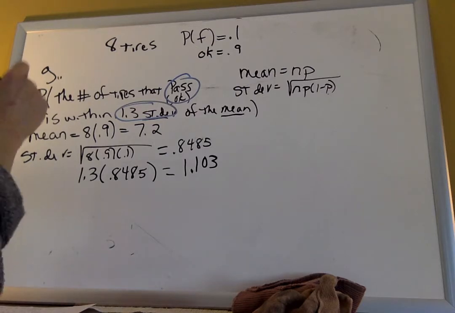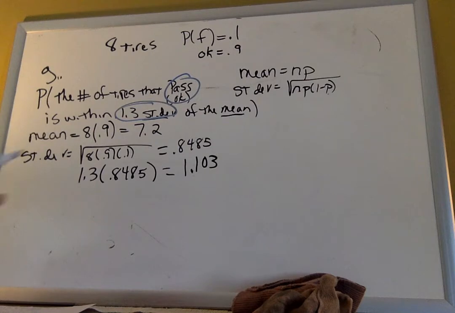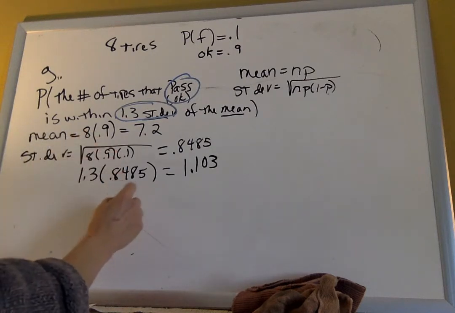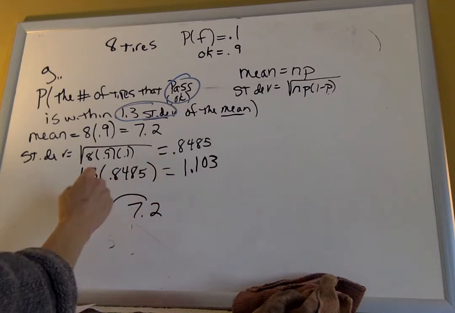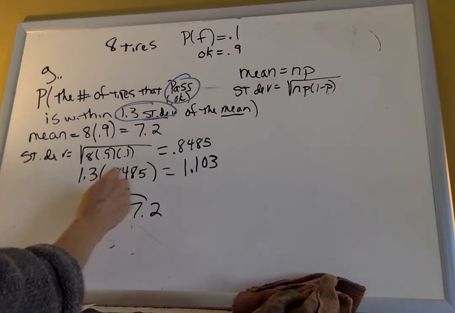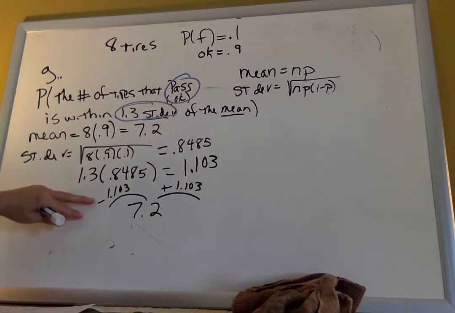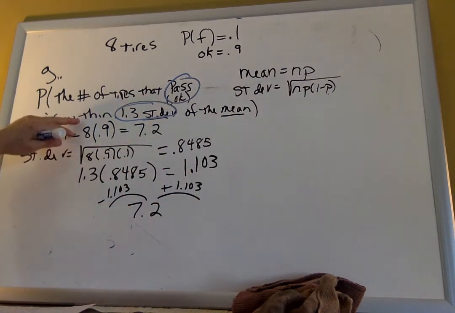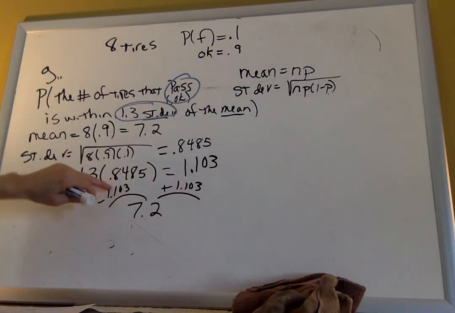Okay, so back to that language, within. Within in statistics means to jump up and jump down. Here's our mean. We're supposed to be jumping down 1.103, and we're supposed to be jumping up 1.103. What I'm doing right here is translating within 1.3 standard deviations from the mean.